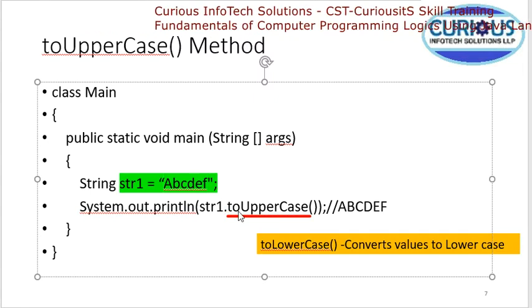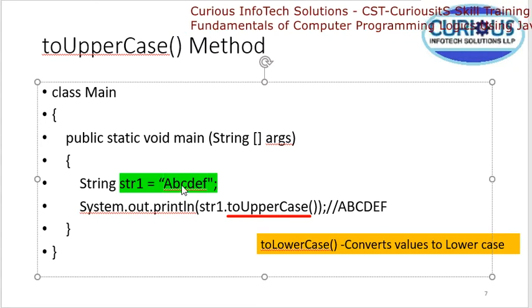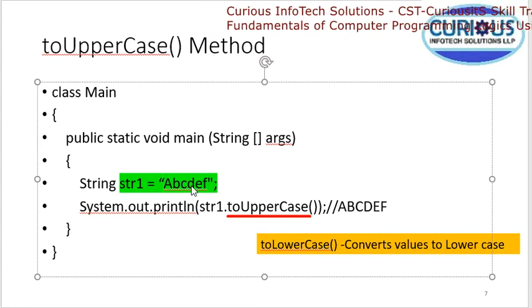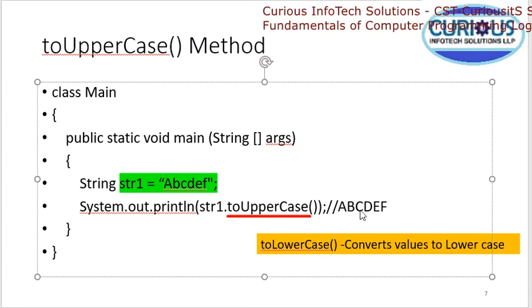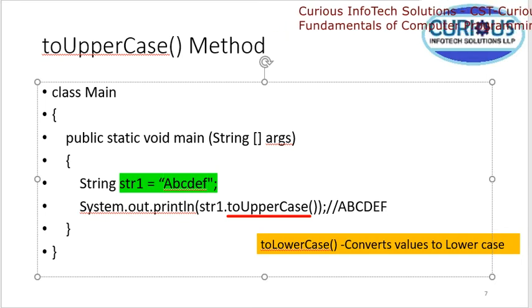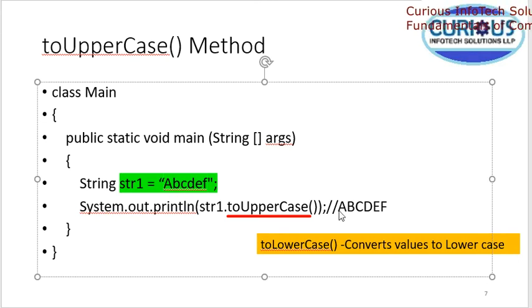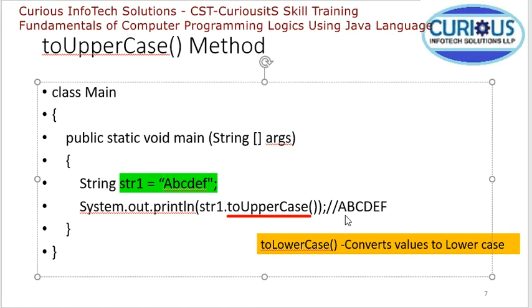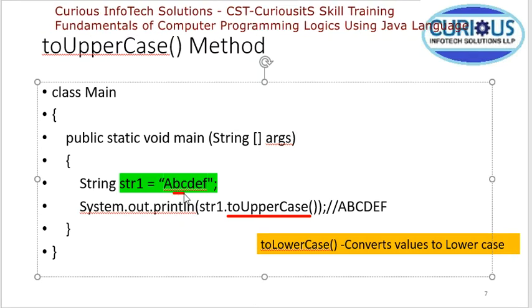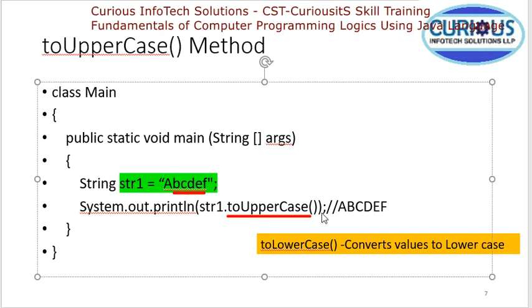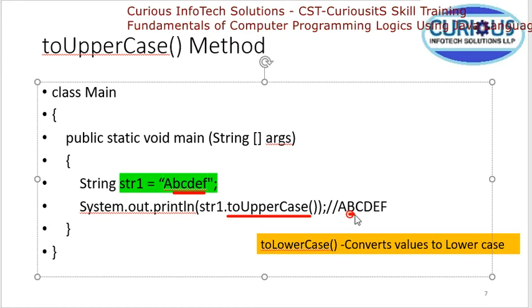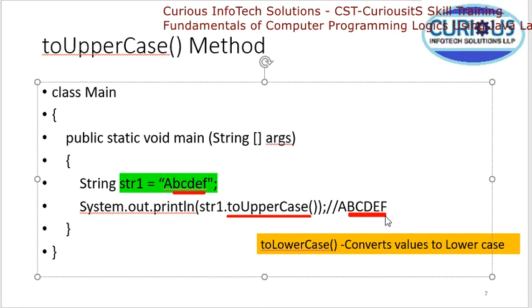Here A is capital and we get a capital, but whenever lowercase characters are there, we will get them accordingly in uppercase.